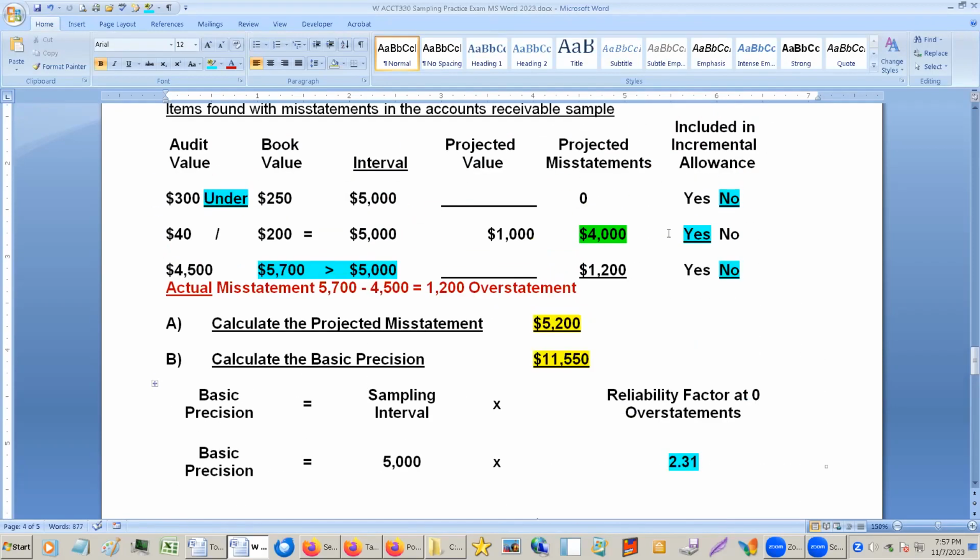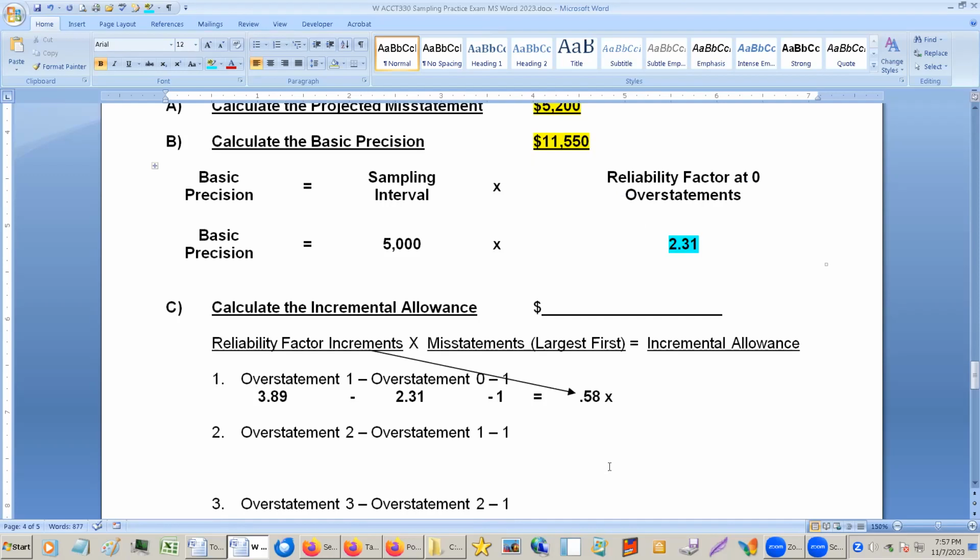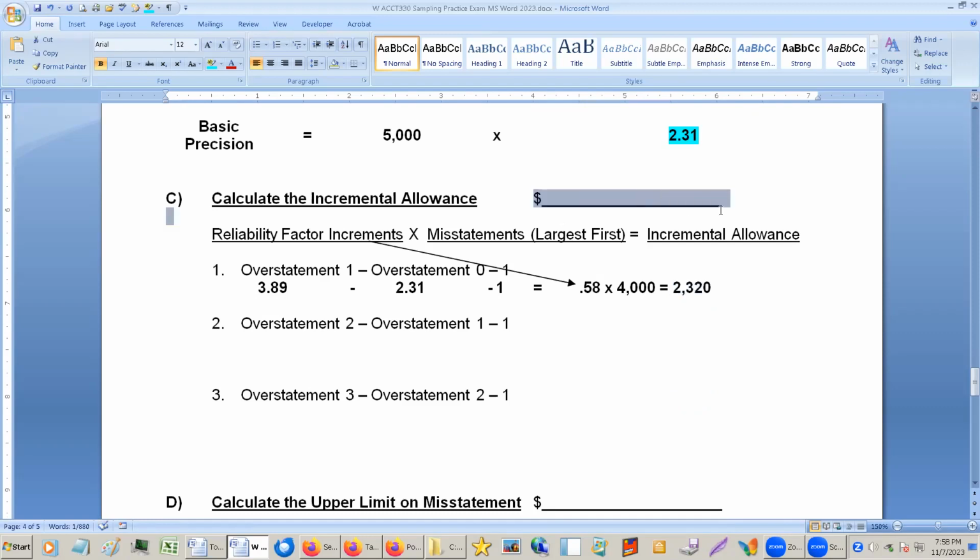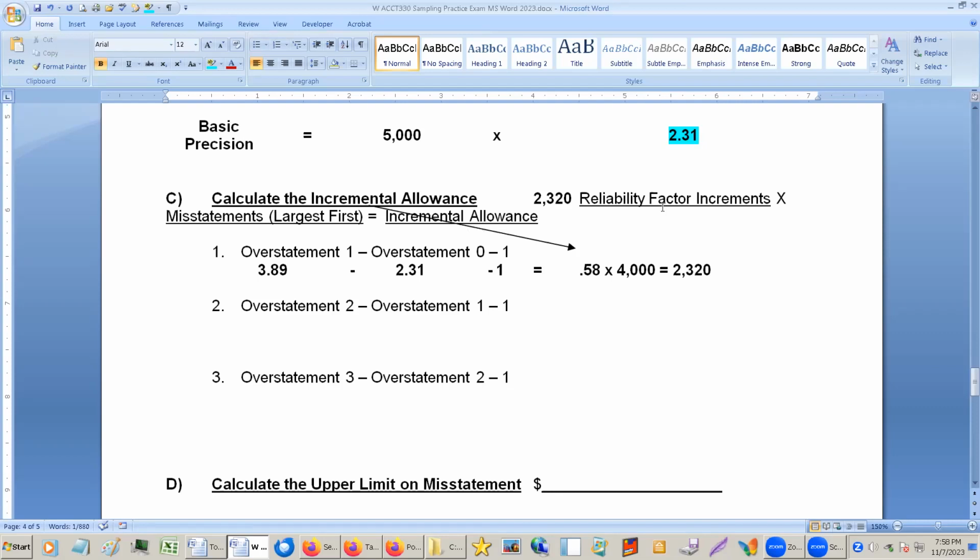We only have one, 4,000. Times 0.58. $23.20.